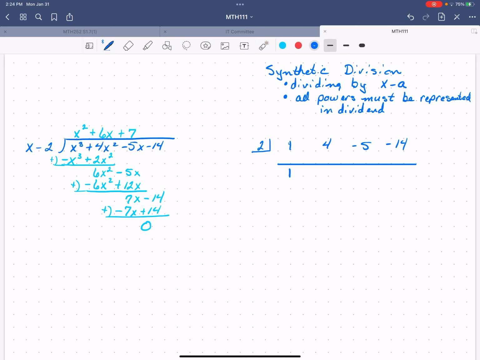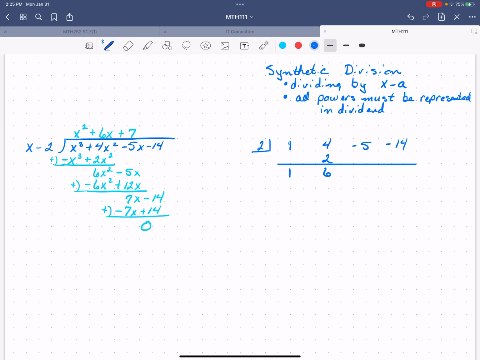So now what do I do? Well, now I take my 2 and I multiply it by the number I just wrote down, and I put it in the next available spot. So 2 times 1 is 2. And now I just add. So I get 6.